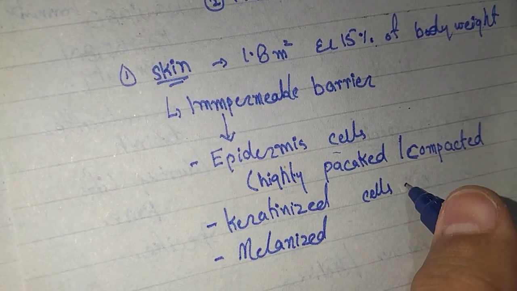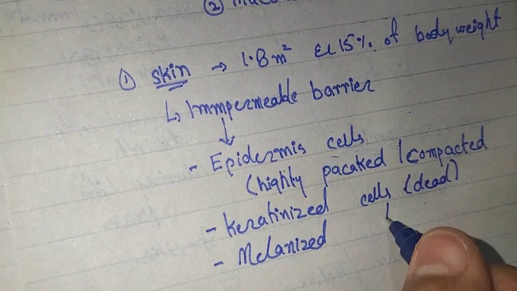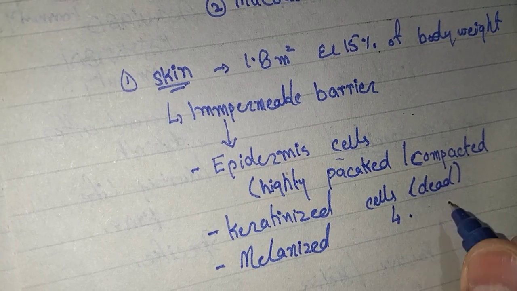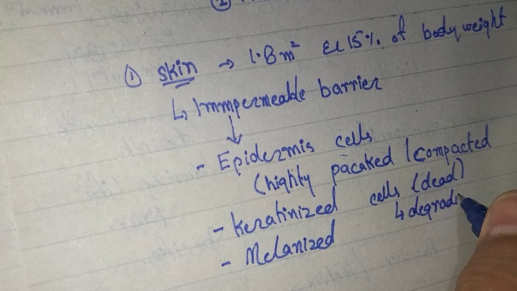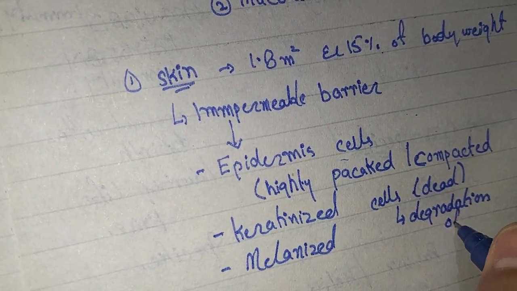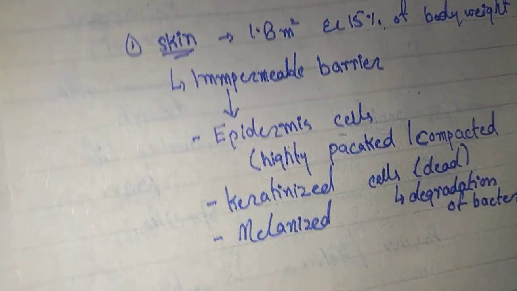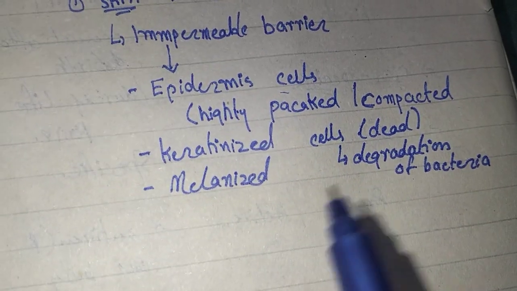These keratinized cells are also known as dead cells, and they work to degrade bacteria or stop the growth of bacteria in the body. That is the work of the keratinized cells.